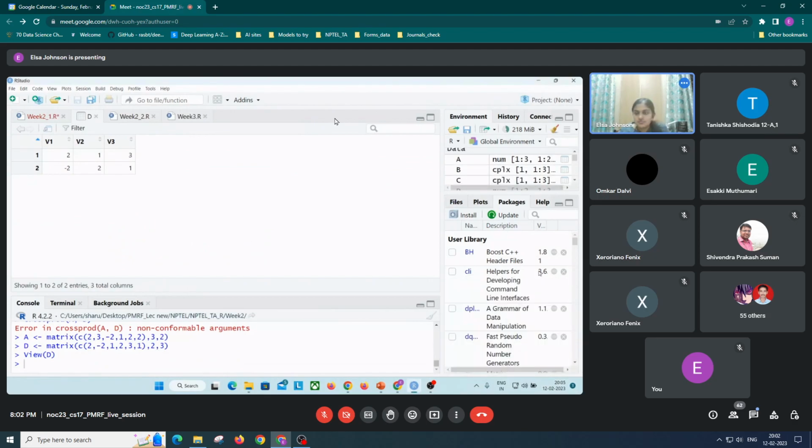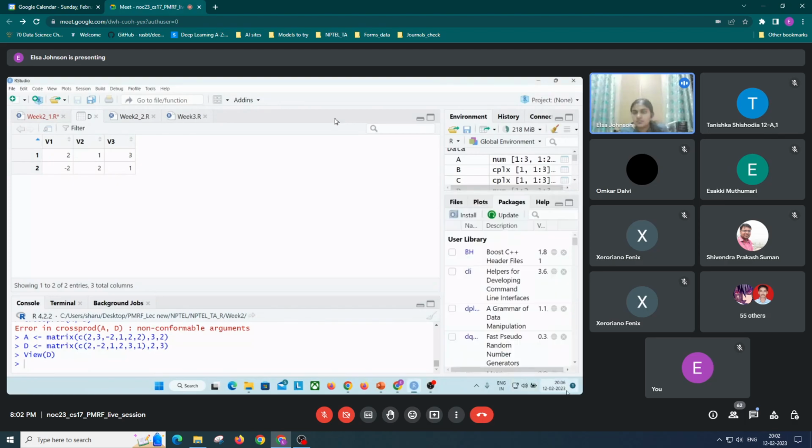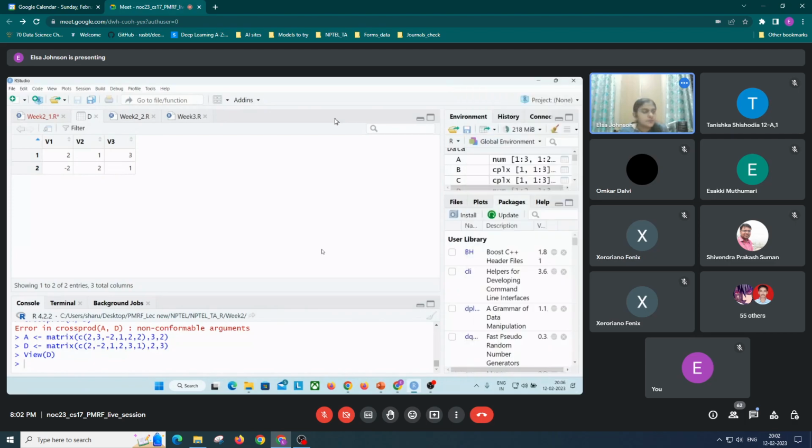Just wait a moment. Can you tell me why the cross product is not working here?